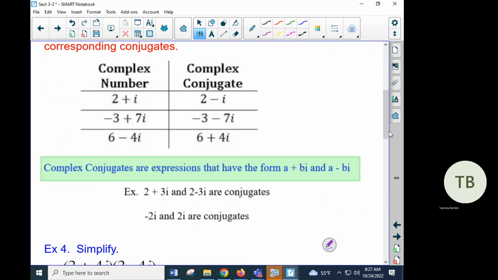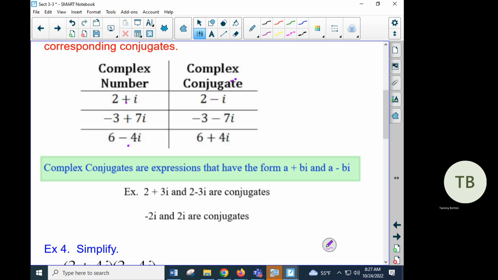And then one of the things we're going to do today when we're dividing by a complex number, we're going to talk about how you have to multiply by what's called its complex conjugate. So if this is my complex number, the complex conjugate is the same exact thing, except you change the middle sign.